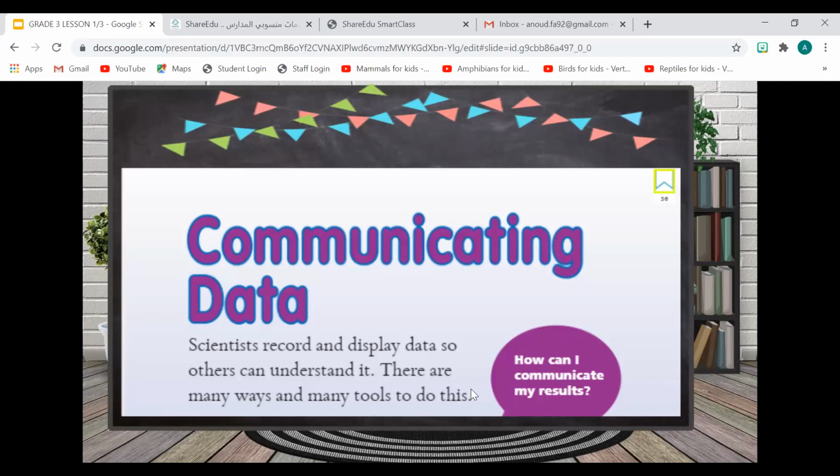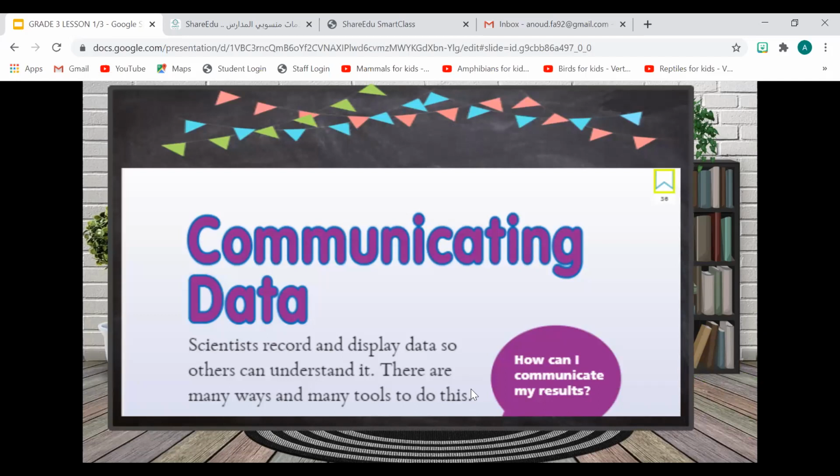First of all, communicating data, as we said, scientists record and display data so others can understand it. Oh, so this is another use. When you record your data, your observation, your information, you display them so others can understand.